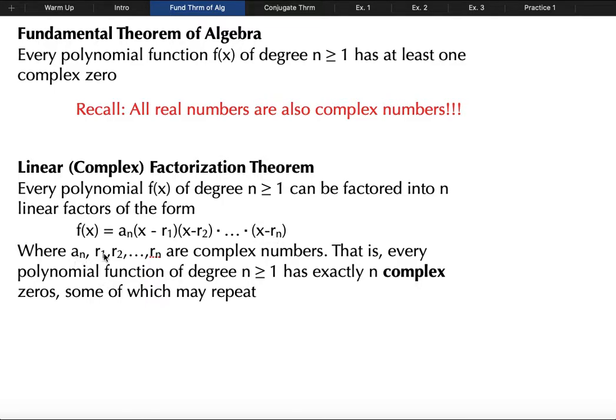A sub n, r sub 1, r sub 2, up to r sub n are all complex numbers. These are all considered linear factors because the power of x on each of them is 1. So we're saying that every polynomial function can be factored into all linear factors in this theorem.